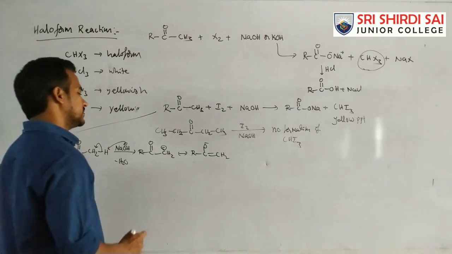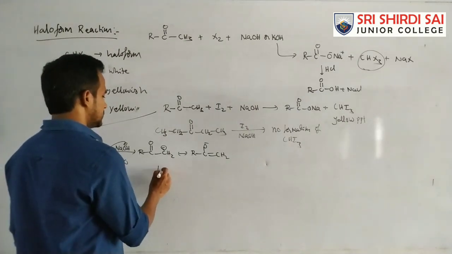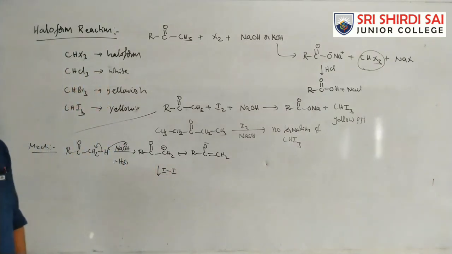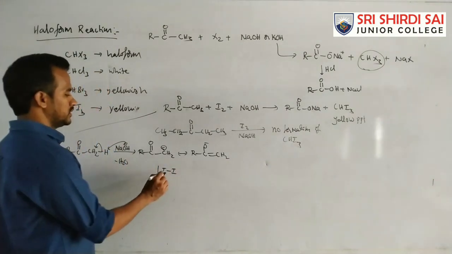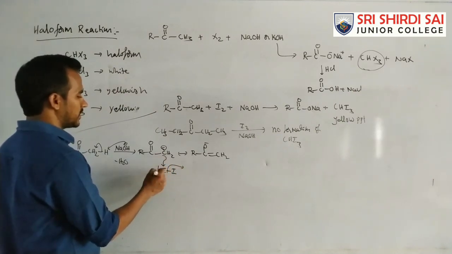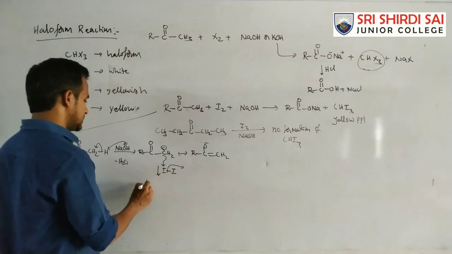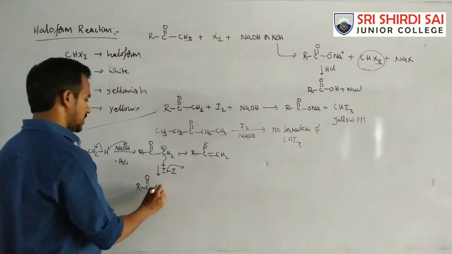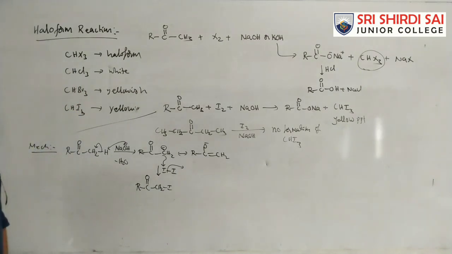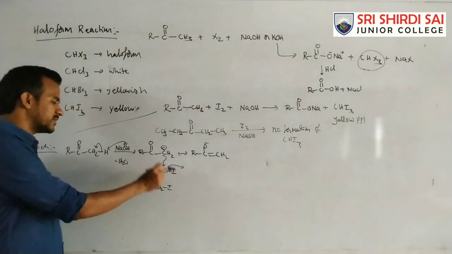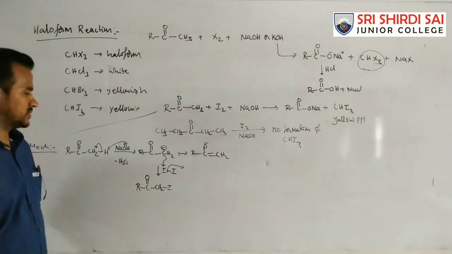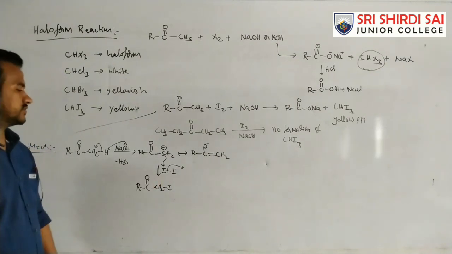Now here, this one is attacked by the iodine molecule. So with loss of I minus, the CH2 minus attacks the I plus, giving RCOCH2I. That means one hydrogen is replaced by iodine.